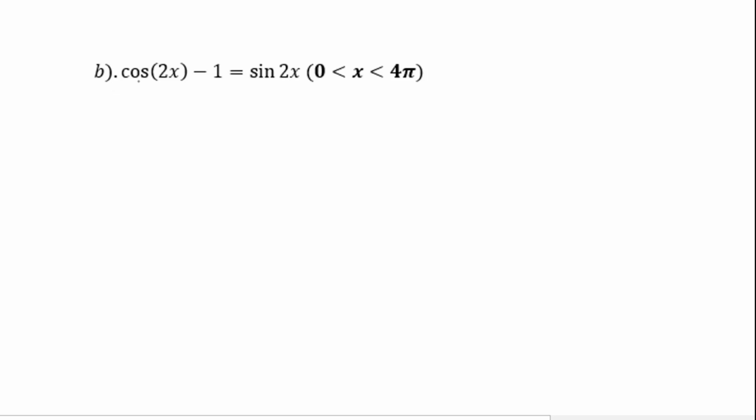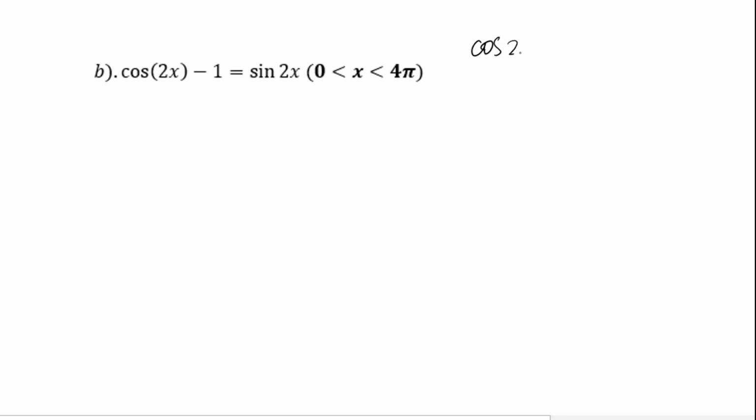Let's go to B. Cosine 2x minus 1 equals sine 2x, where x is greater than 0 and less than 4 pi. This is a trig equation with a double angle. Look at the double angle formula.